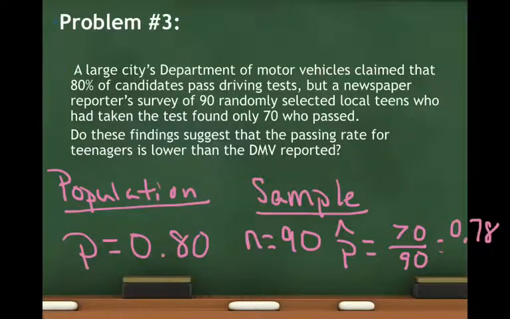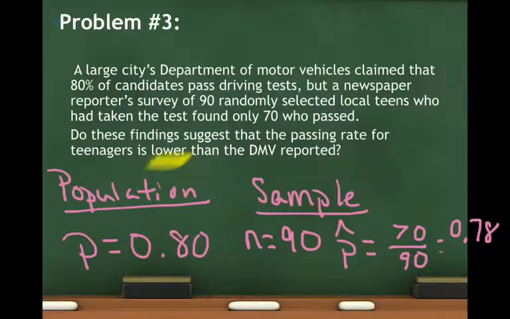This is what I think you should do. Before you even start your hypothesis testing, put down what your population is and what your sample is. Now we know P is 0.8, our sample size is 90, and our P hat is 0.78. What you should also look at is what they are trying to prove.